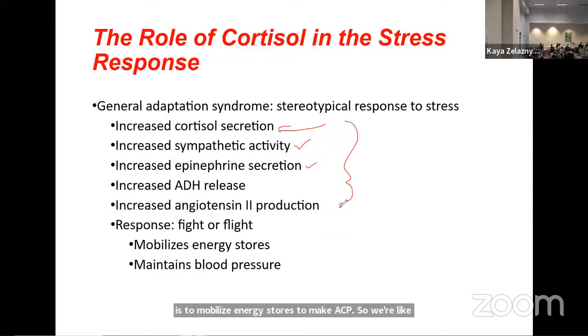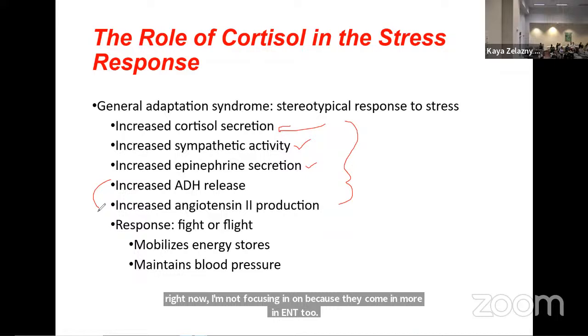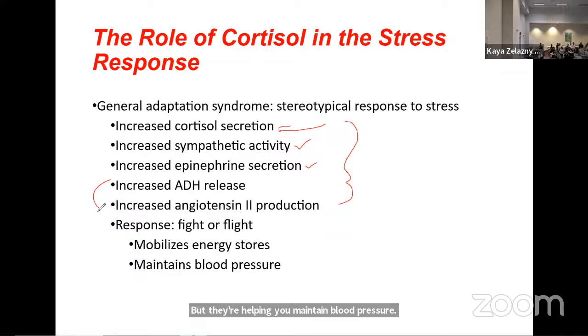And these latter two, which I'm not focusing in on right now because they come in more in A&P 2, are helping you maintain blood pressure. Blood pressure is important because you want to pump a lot of blood to your muscles so you can get them oxygen and this energy that you're making. You want to keep blood flow to your brain. So this is an overall stress response that involves multiple parts of your body.